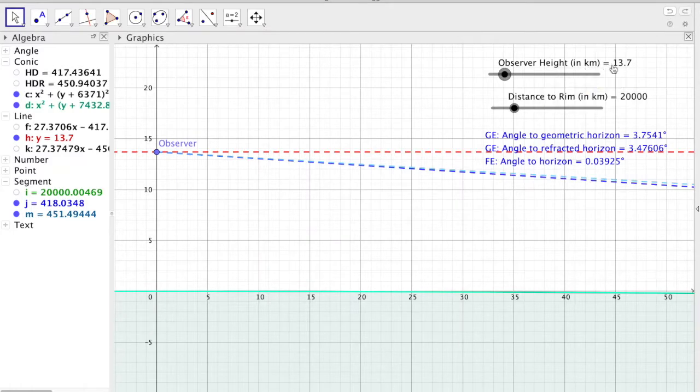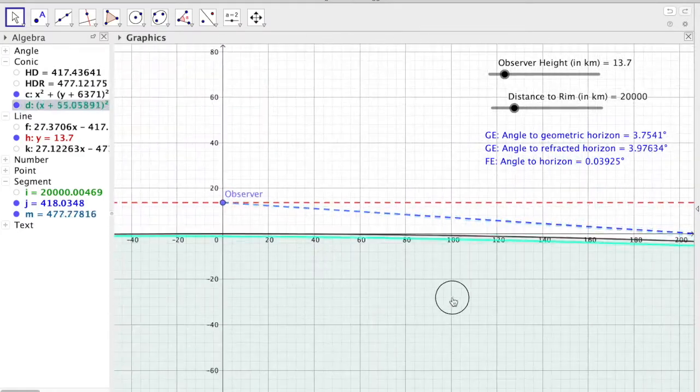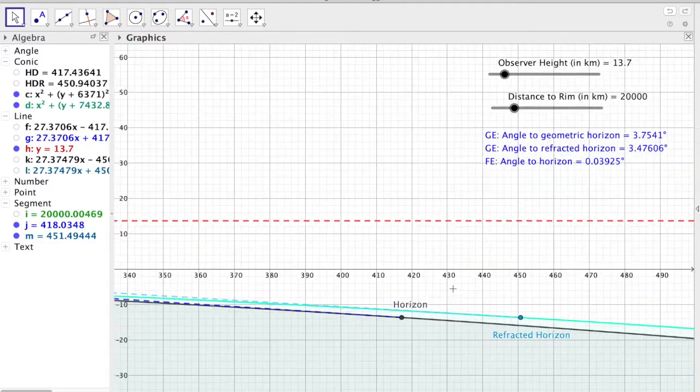So in his video he's at 45,000 feet, which translates into approximately 13.7 kilometers. And we see these two angles to the geometric horizon and refracted horizon. Since this is far from a low altitude observation, the actual observation that Wolfie makes is very close to this one.